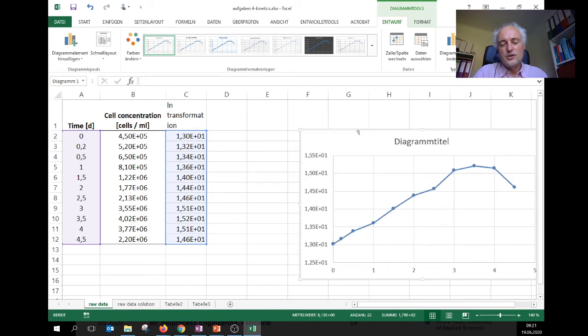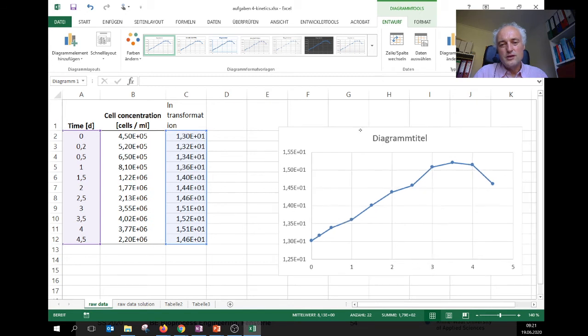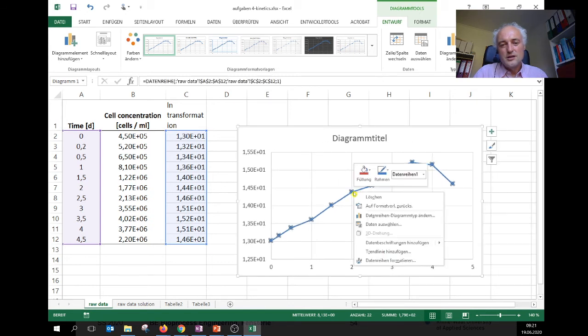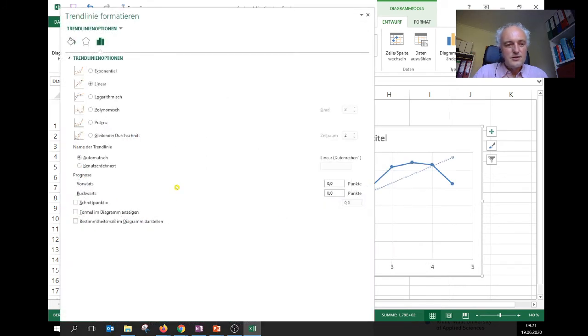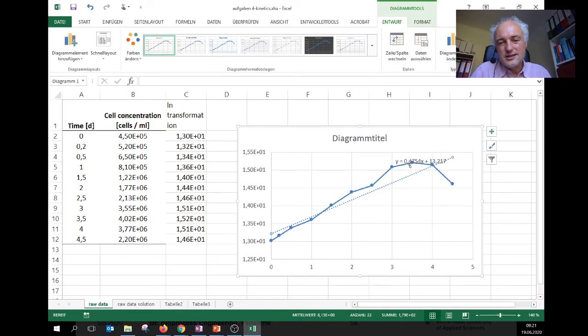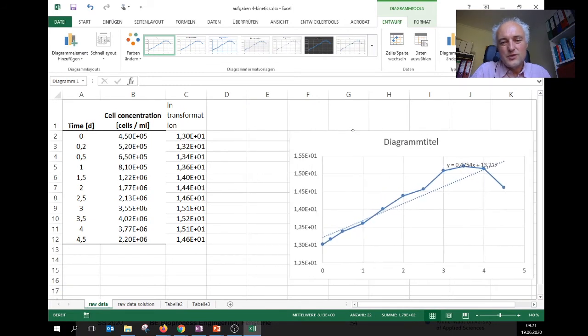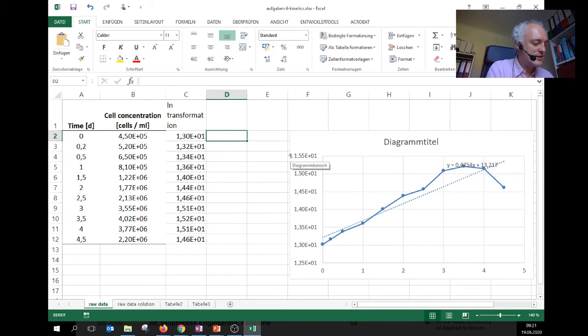And now, of course, we want to know the slope here. So we can use this one, and you can, of course, calculate the slope directly. So I can do a calculation like this.